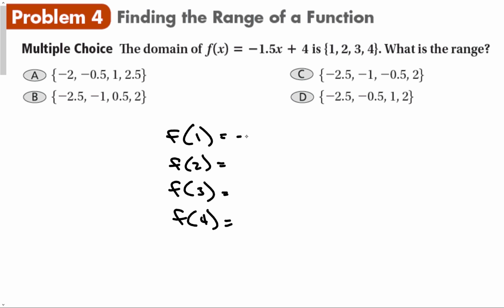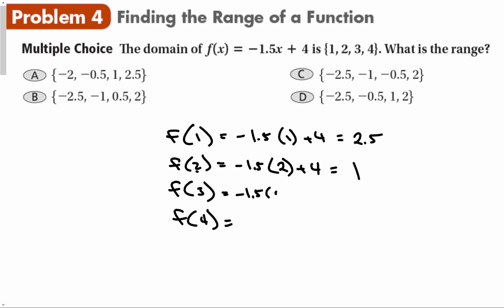So f of 1, that's negative 1.5 times 1 plus 4, gives me 2.5. Then negative 1.5 times 2, because now that's what I'm inputting into my function, plus 4 gives me 1. Negative 1.5 times 3, replacing my x with my independent variable, gives me negative 0.5.